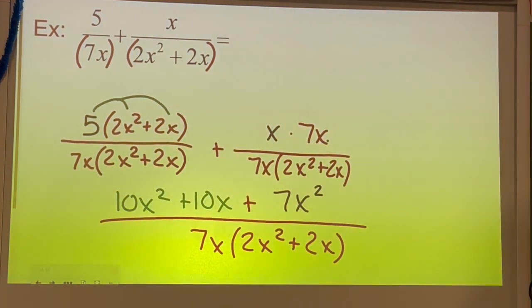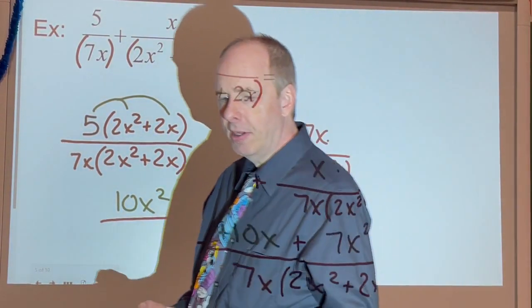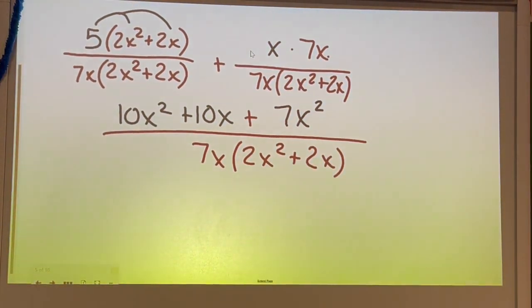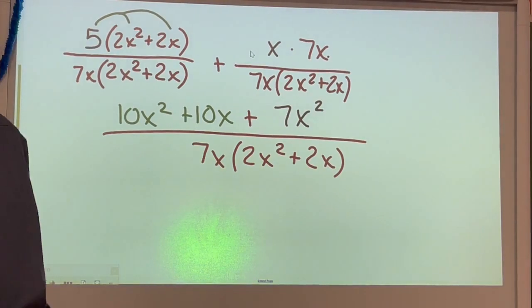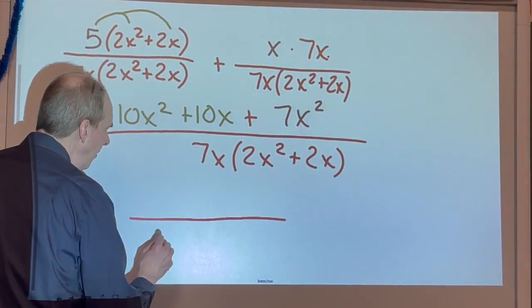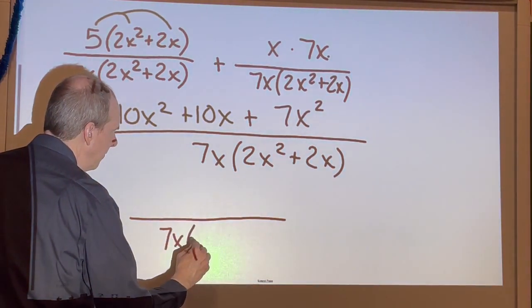All right, what do you think you do next? Yeah, like terms. So, working with the numerator, we'll figure out our like terms now. Like terms are when you have the same variable and the same exponent.